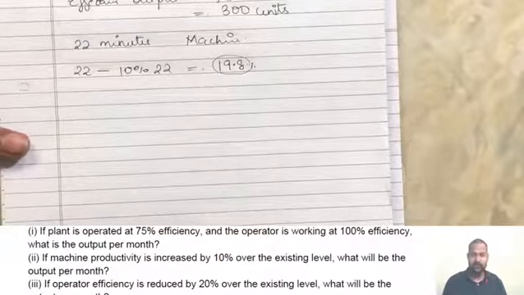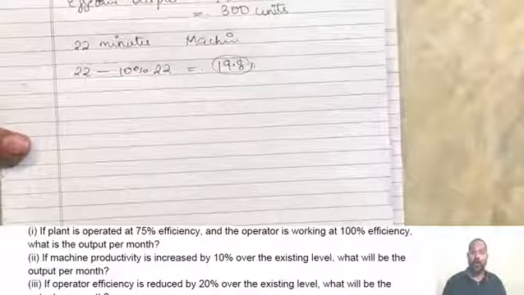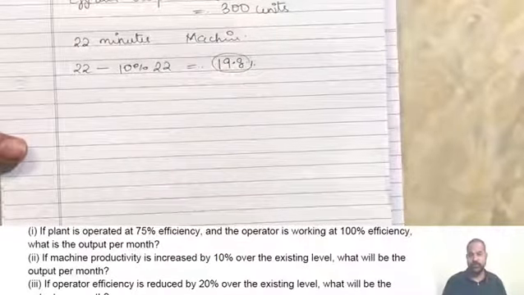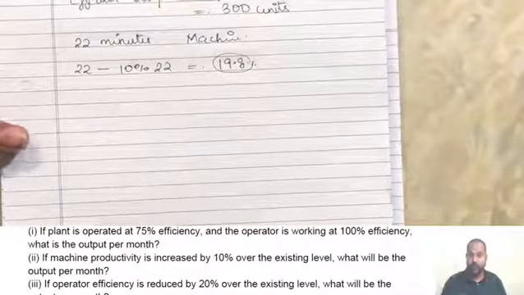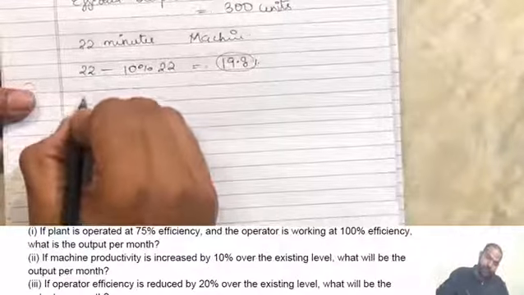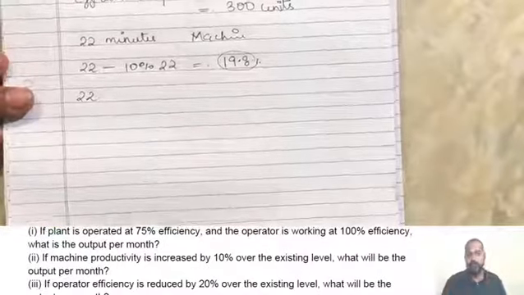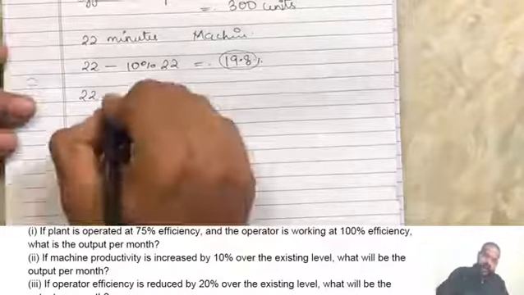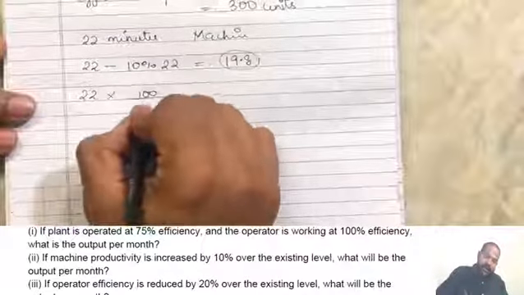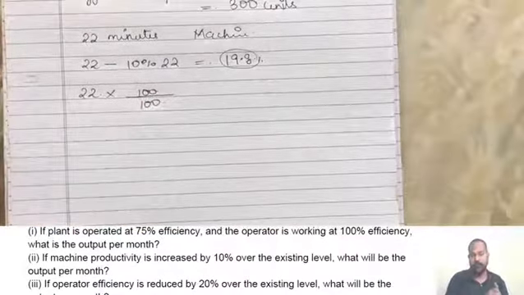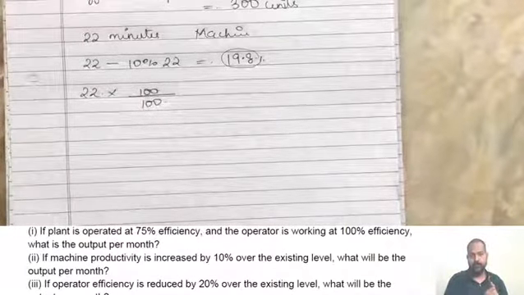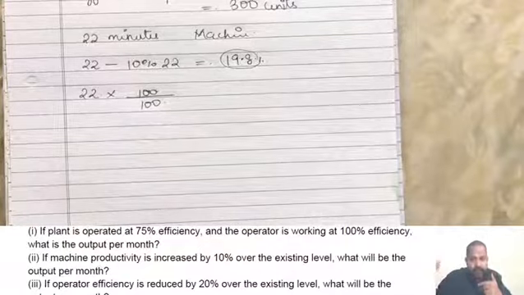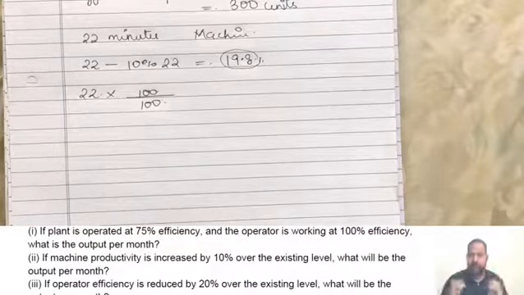That's wrong. That is not how you increase and decrease time in efficiency questions. How do you do that? Simple. 22. If you have increased or decreased efficiency, write 100 on 100. If you are increasing the efficiency, then the time needs to reduce.